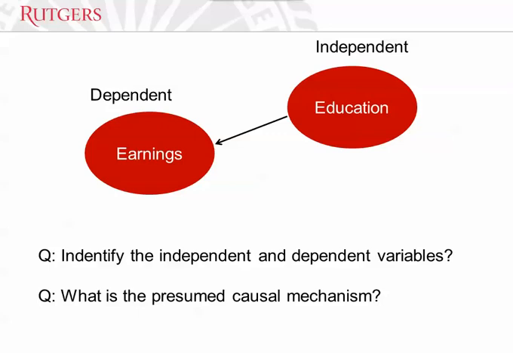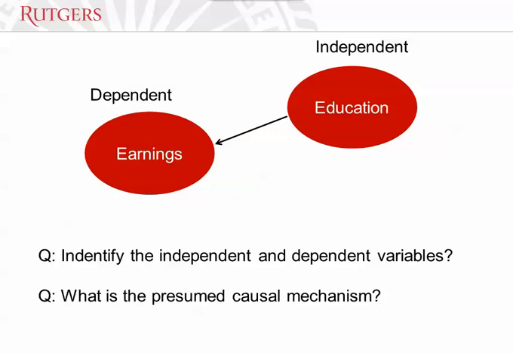So if you have a high school education as opposed to dropping out of high school, you are expected to earn more. If you have a college education as opposed to only a high school education, you're expected to earn more. If you have a graduate degree as opposed to just a four-year college degree, you're expected to earn more.